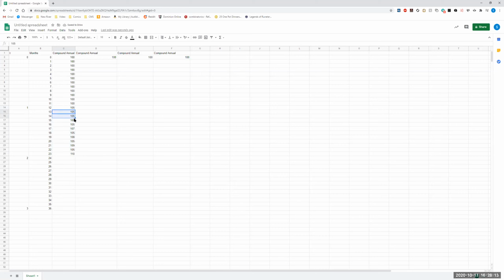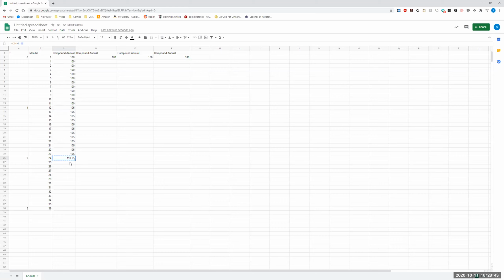This should just stay at 105. Until it gets to here, in which case it will equal the previous 105 multiplied again by 1.05.